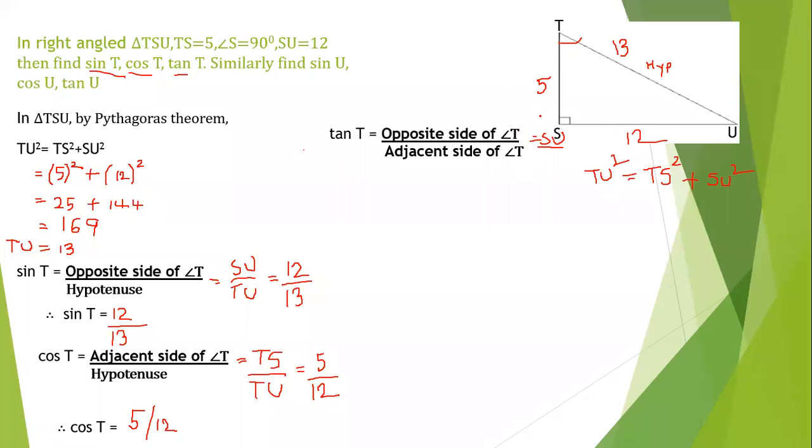Here we have adjacent side and the name of the side is TS, right? Then we will write the values of it. SU is equal to 12, TS is equal to 5. So we got tan t as 12 upon 5.